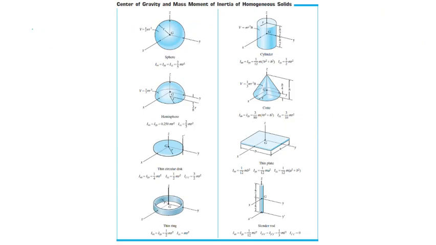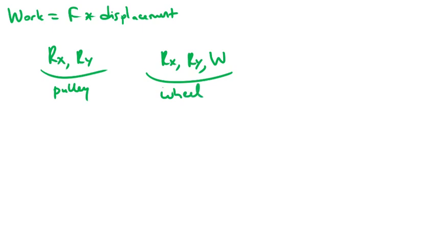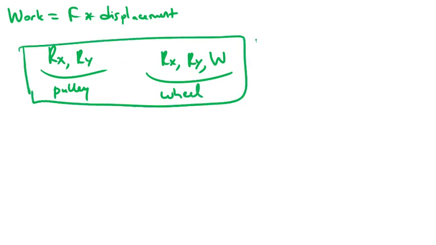So we know that work is force times displacement. We have R_x, R_y for the pulley. We have R_x, R_y, and then W, the weight of the wheel. These 5 forces don't perform work.